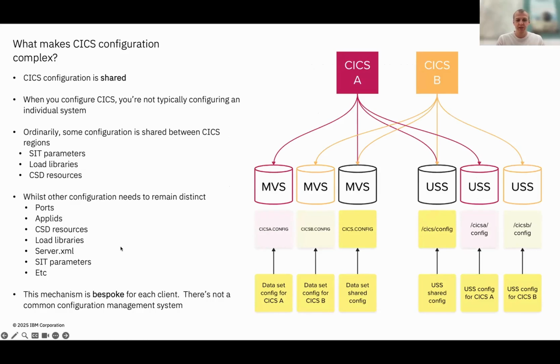There are all sorts of parts that can be shared across them, and also some unique parts too, like the APPLIDs and SYSIDs, and other things as well, like server.xml. Each of this is bespoke, and everyone has their own way of doing this. If you talk to two different customers that are using CICS, they won't have identical ways of configuring and setting up their systems.